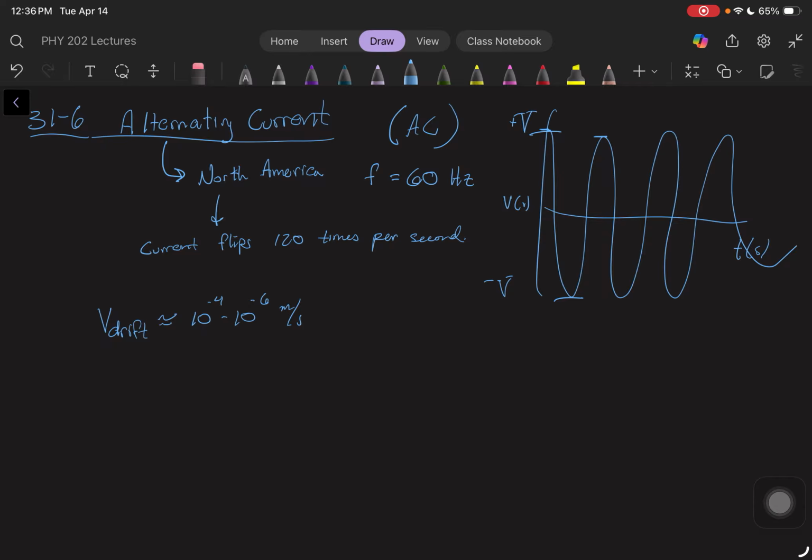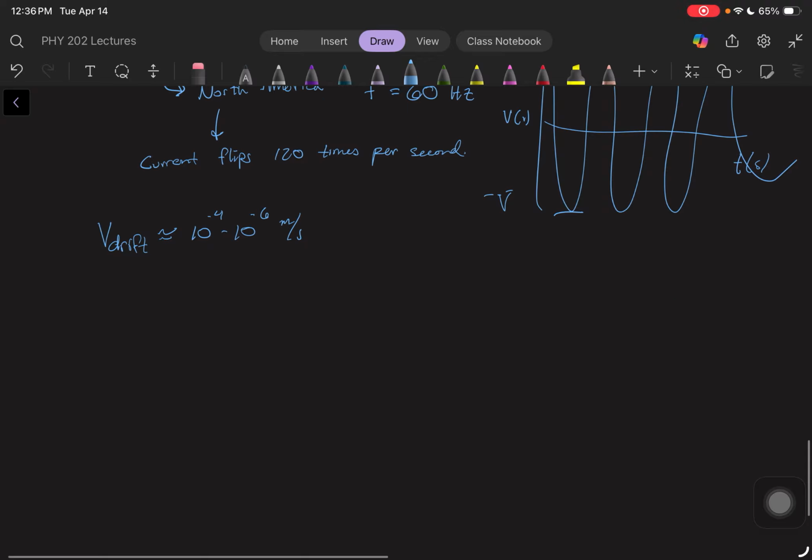the important thing to note is that in a circuit, you don't have one electron traversing the whole circuit, right? They are all just kind of going in one direction.